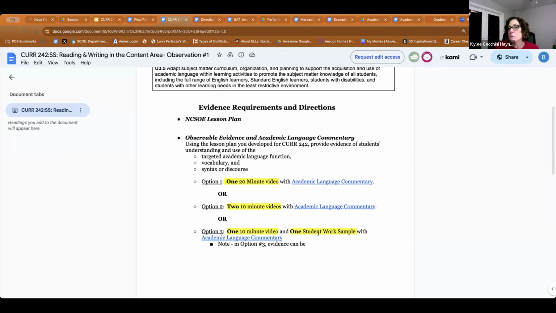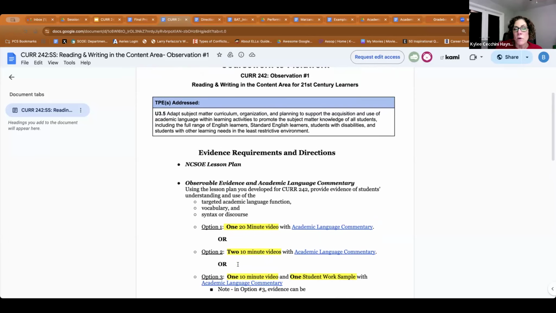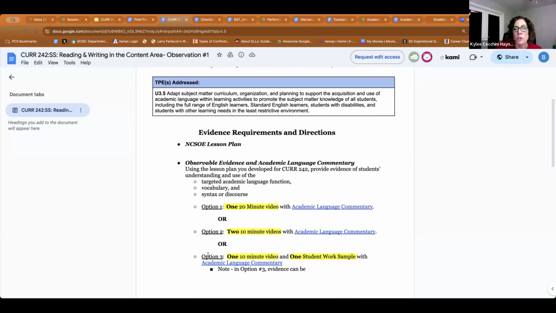Okay. Maybe the student work sample is a Frayer model of the word describe, and they've shown their understanding of the word. Okay. So you decide what this is going to be. Are you going to do one 20-minute video? Are you going to do two 10-minute ones? Or are you going to do one 10-minute video and a work sample?